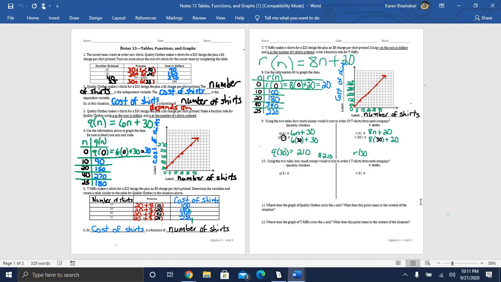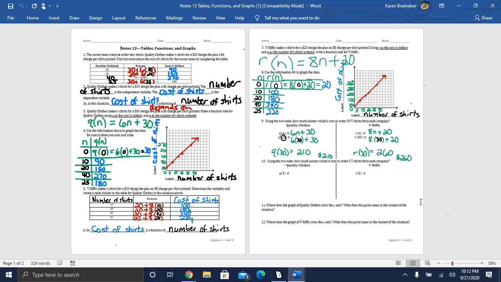R of 30 is going to equal, well, 8 times 30 is 240. So this is 240 plus 20. And again, you could use your calculator to do that. So 240 plus 20 makes 260. And so the cost is $260.